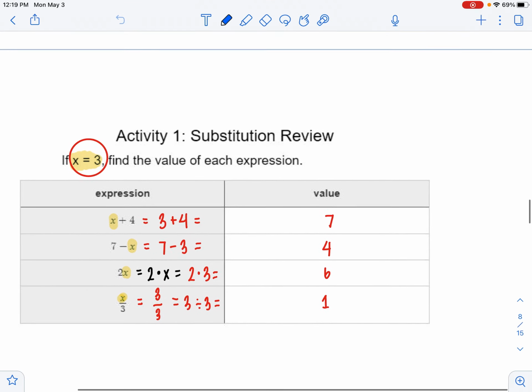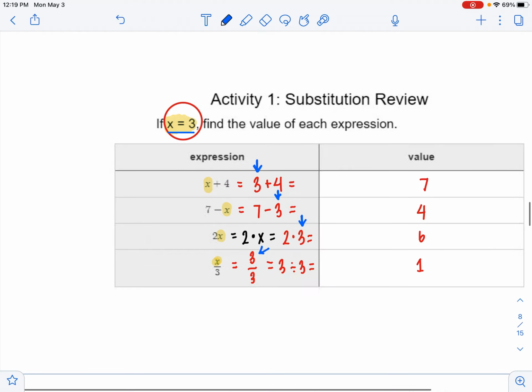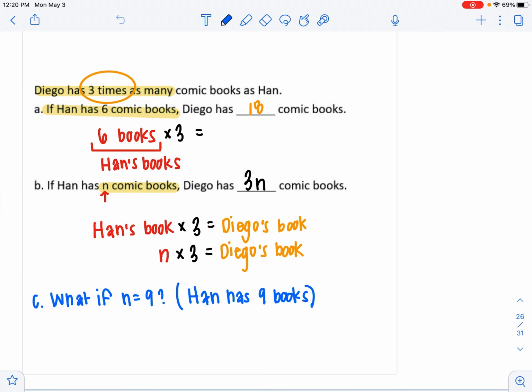Here, when we knew what x was, we knew that x was 3, and so we put 3 into our equation. 3, 3, 3, and 3. Here, it's just in the context of a real-world situation, right? We know that n is 9. We know that Diego has 3 times n comic books. So if n equals 9, Diego has 3 times 9 books, 27 books. And that's for Diego.